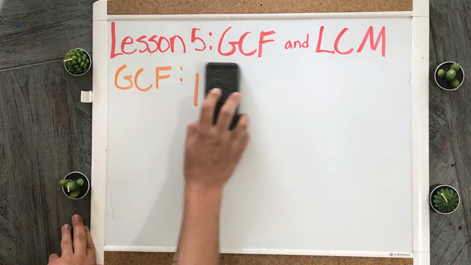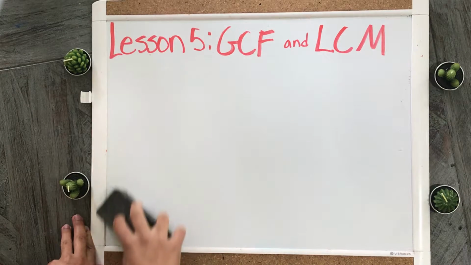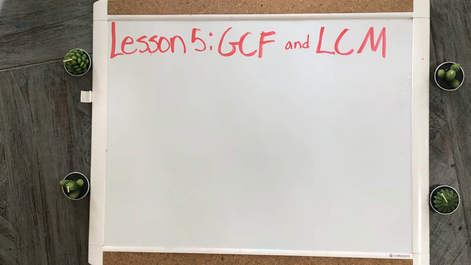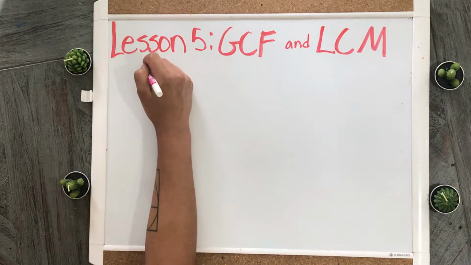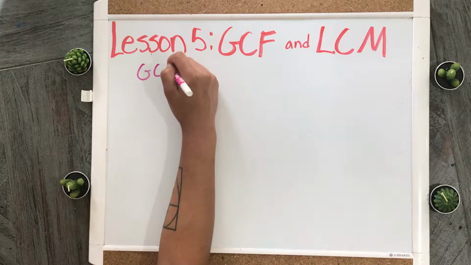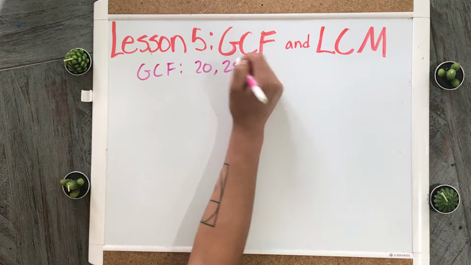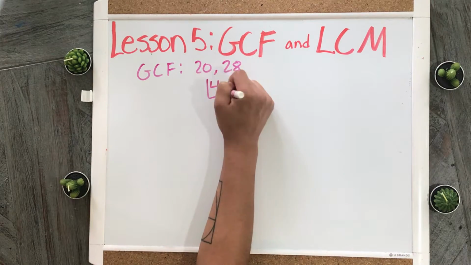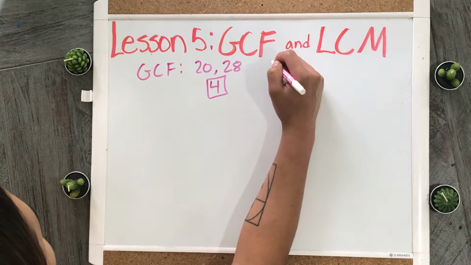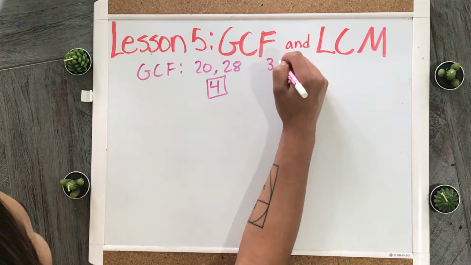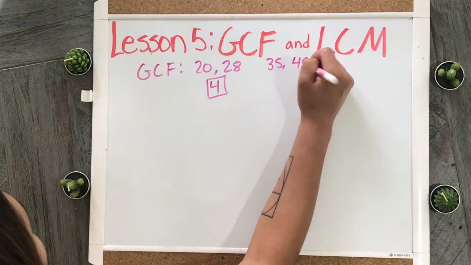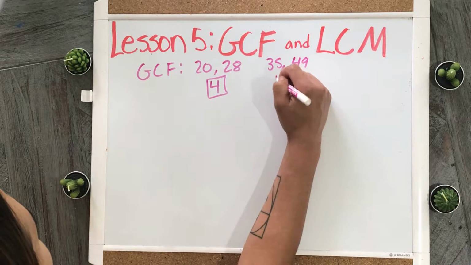Alrighty, now let's find that LCM we mentioned. Let me go ahead and expose these to you all at the top. GCF for 20 and 28 was 4. The GCF for 35 and 49 was 7.